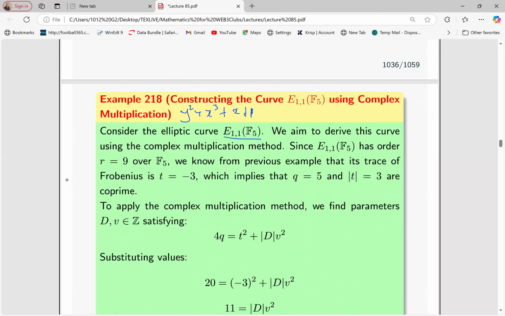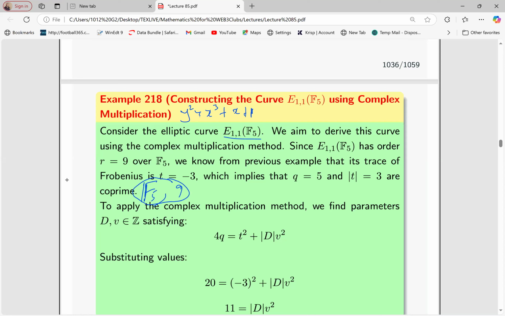But what is in our mind when we begin? This is our thinking: we want to create an elliptic curve on F5, and we want this elliptic curve to have 9 points. So this is the information we have, and then we want to proceed.